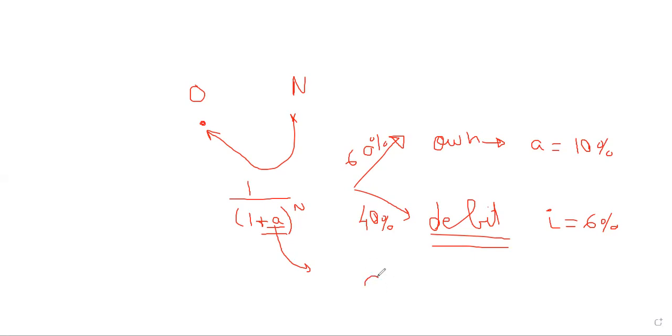So overall A is equal to 0.6, so 60% times 10%, so 0.6 times 0.1, plus 40% times 6%, so plus 0.4 times 0.06. And in this way, you can determine your discount rate.